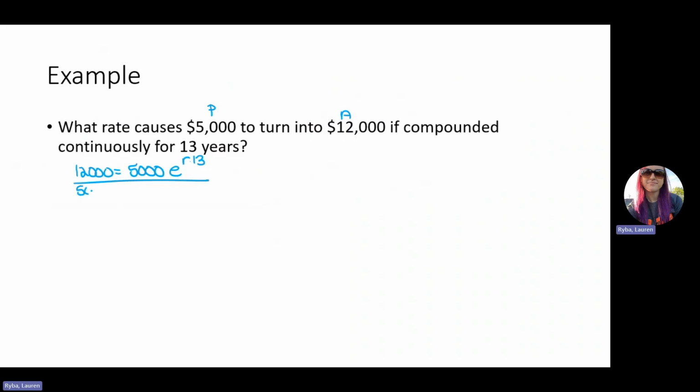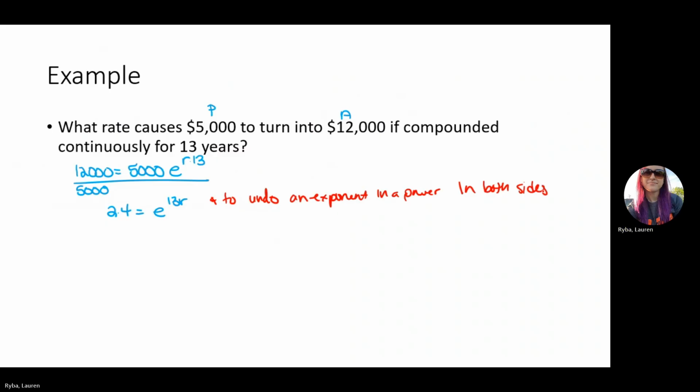First step is going to be to divide out that 5,000. So if I take 12,000 and divide by 5,000, I get 2.4 is going to equal e to the 13R. I'm just going to rewrite that order. I like having the number in front of my variable. Now, to undo an exponent in a power, natural log both sides. So natural log of 2.4 equals the natural log of e to the 13R.